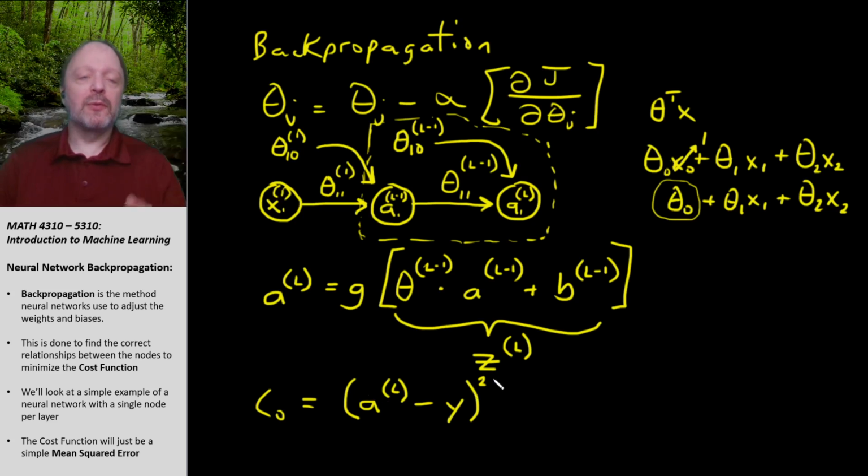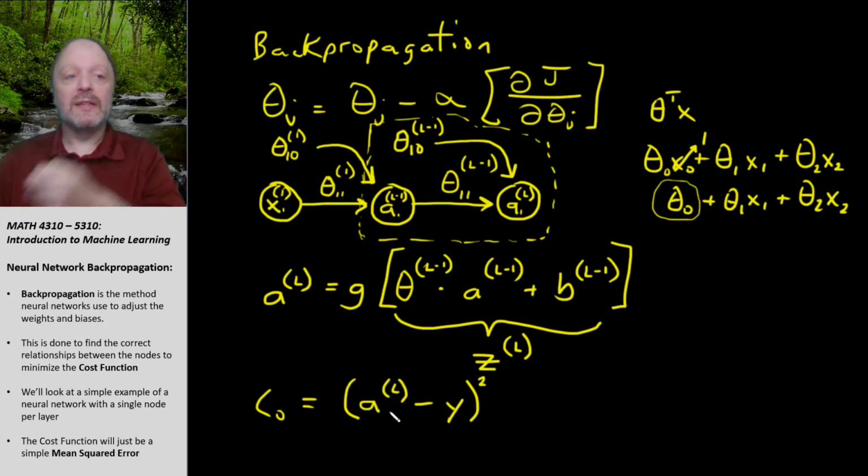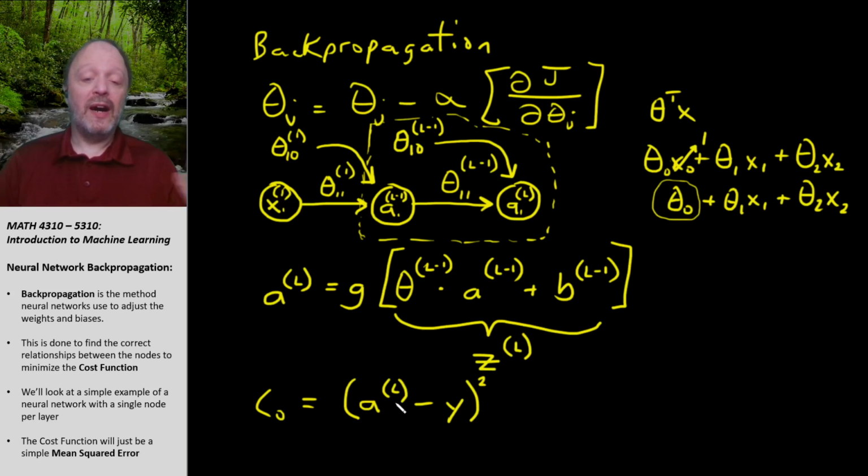If we're trying to map input digits between 0 and 9, the y value is the actual digit. Was it a 5? Was it a 1? Was it a 7? This activation here says what is the likelihood that it was a 1, a 7, or a 5.